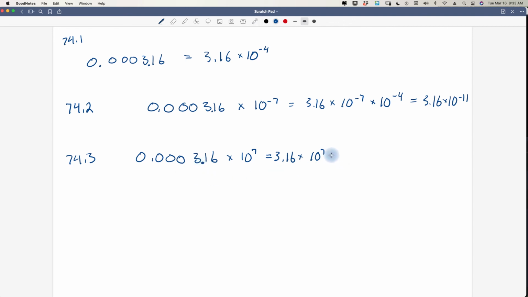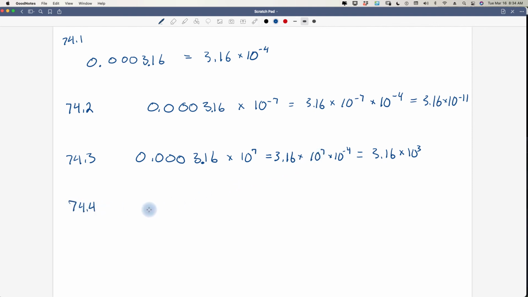That's going to be negative 4, right? So this becomes 3.16 times 10 to the third, because 7 and negative 4 is 3. So you treat this just like you've always treated exponents. Always, always. Only now we're doing this when we have a whole number instead of a variable. It works the same way.